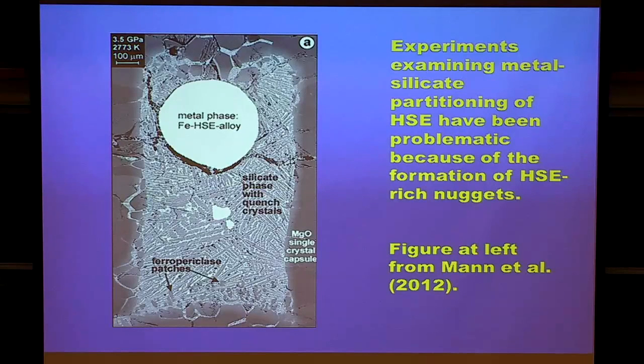And the question is, do you include those in your concentration measurement of the silicate, meaning they exsolved from the silicate melt at the time it was quenched, or were those just little bits of metal floating around in the silicate during the experiment, in which case you wouldn't want to include them. So it's a complex issue, which I don't do, and any questions you might have should be directed at Liz, but go ahead, you can try.